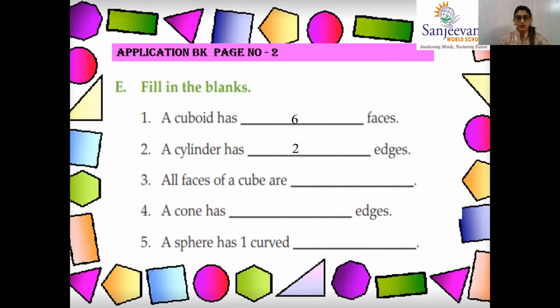All faces of a cube are dash. All faces of a cube are equal. Fourth one, a cone has dash edges, only one edge. A sphere has one curved surface.